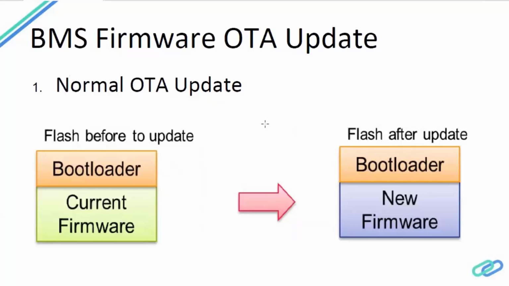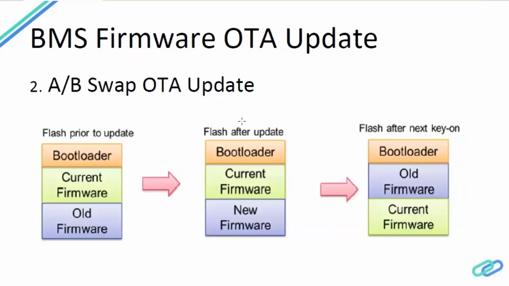If we are talking about advanced BMS, we use the A by B swap technique. What is this technique and why do we use it? We keep the current firmware as well as the old firmware. Let us suppose you got an update from the cloud, from the company or the vendor side.